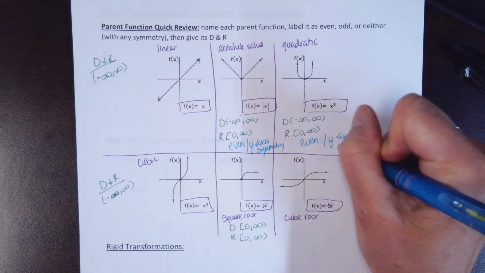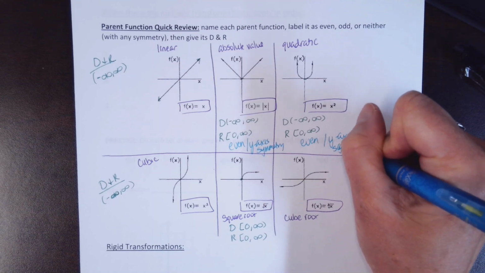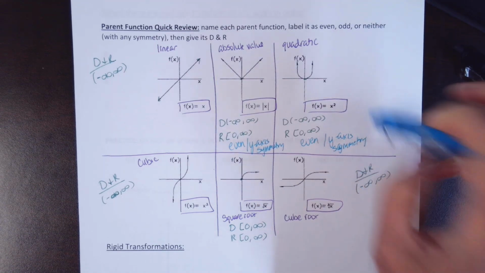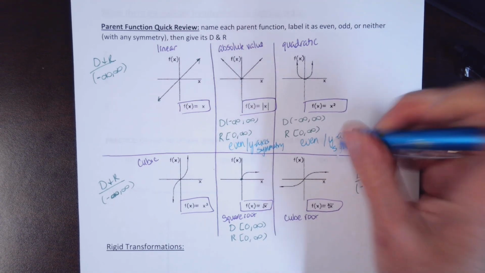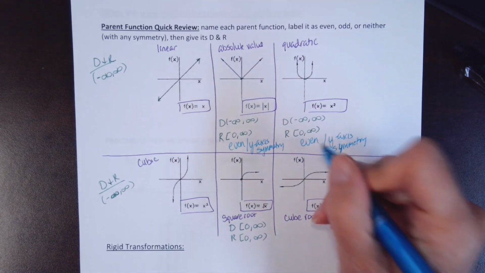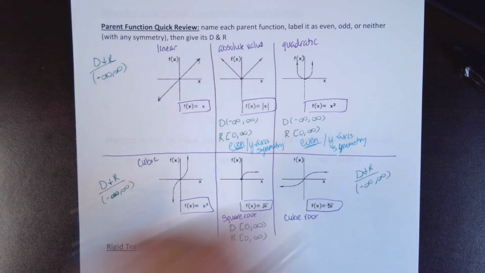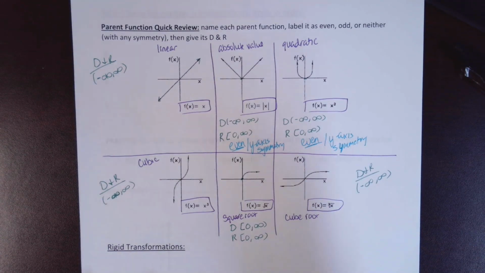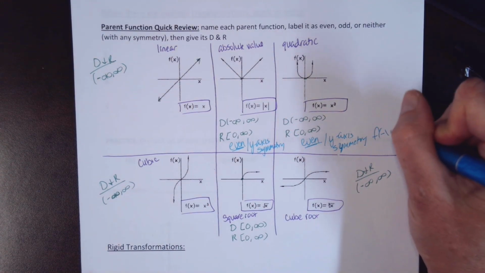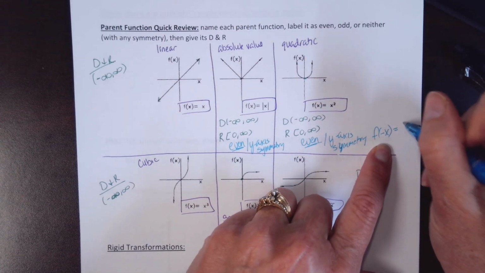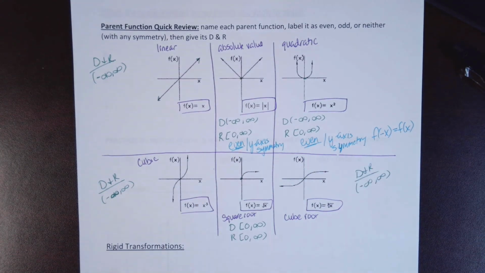They have y-axis symmetry. That y-axis symmetry means I can fold it on the y-axis and the sides are going to match. An even function, remember algebraically, my test is to plug in a negative x, and if nothing changes, it's an even function.